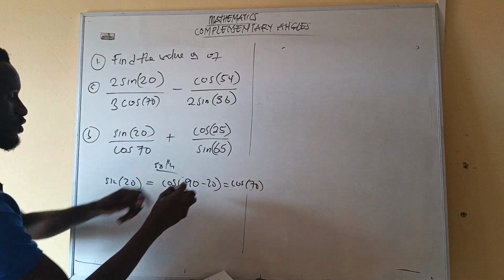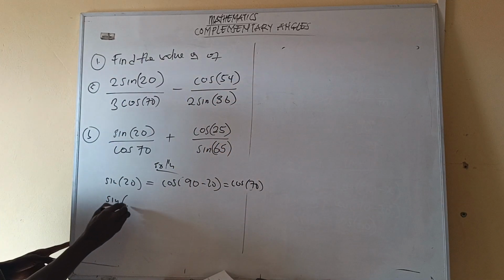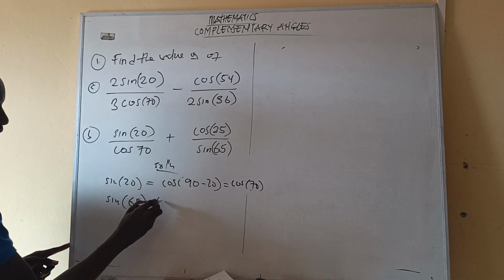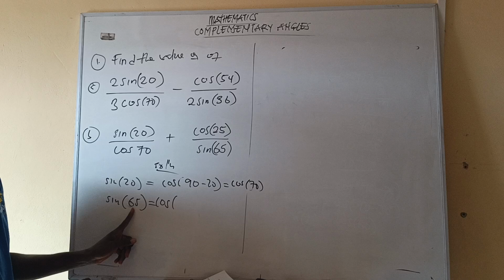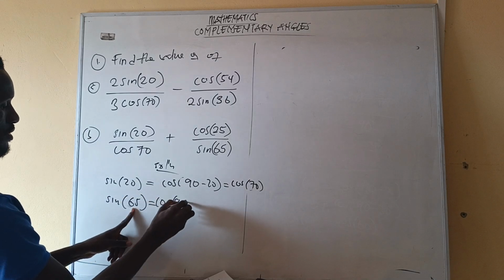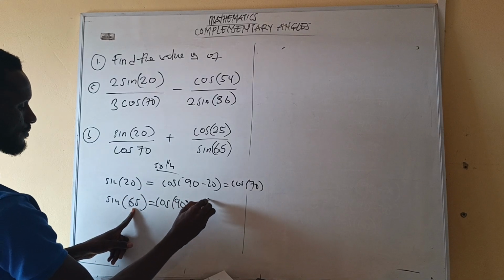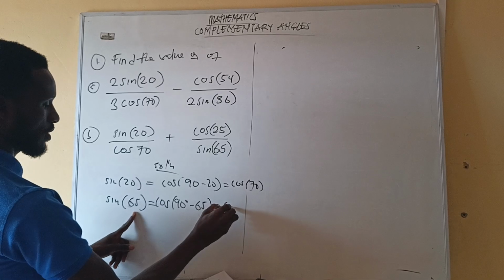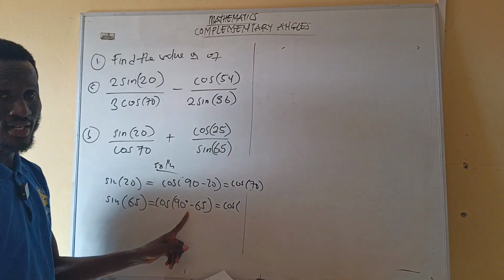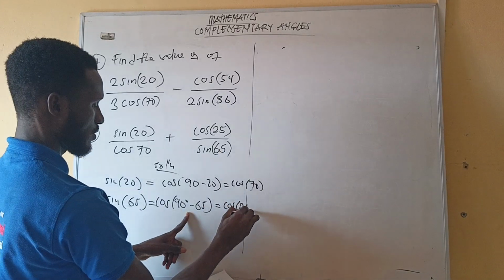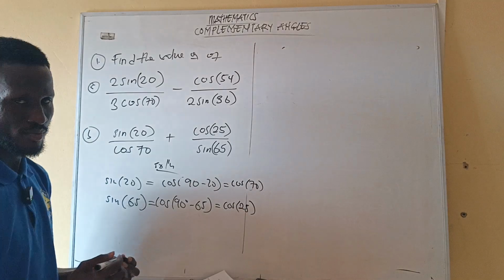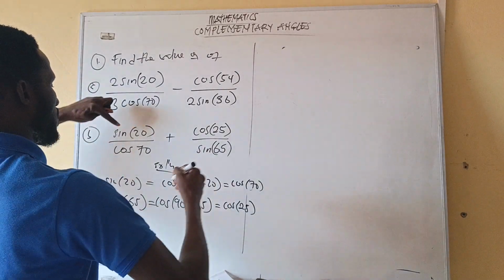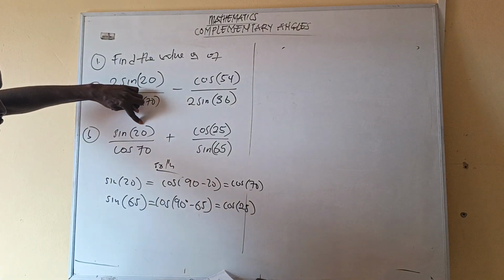Now, it depends on the one you want to convert. I want to convert sine 65. Then it will give us cos of, I will subtract this one from 90. So 90 minus 65, and then we're going to get cos of 25. So this is how simple the complementary angle is. So if I have sine 20, what is sine 20?